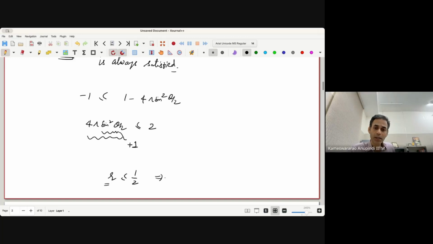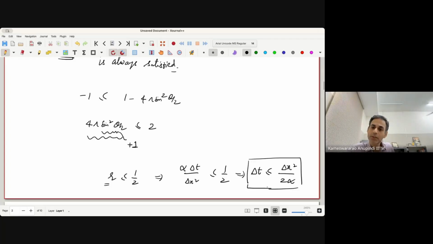But r is nothing but alpha delta t by delta x square, which should be less than or equal to 1 by 2. That means our delta t should be less than or equal to delta x square by 2 alpha. So that is the restriction on the time step that we are given if we have to use the explicit Euler method.